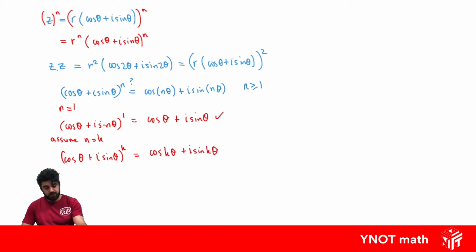Now we have to prove that it's true for n equals k plus 1. So let's sub in k plus 1 for n. So we're going to get cos theta plus i sine theta to the k plus 1. Does that equal cos of k plus 1 times theta plus i sine k plus 1 times theta?